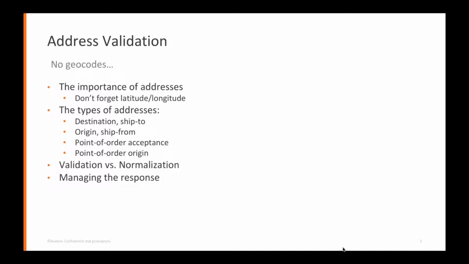Normalizing that response here in the United States for a USPS or United States Postal Service preferred format. If that happens to be a Canadian address, then we're using the Canada Post preferred format. So not only do we validate that you have a good address, but in our response, we will normalize that address so that you can have a continuity of the way that you're storing and maintaining all of your addresses within your database.